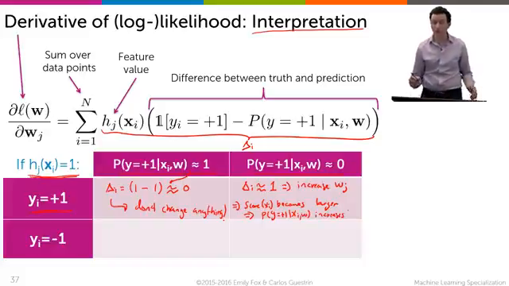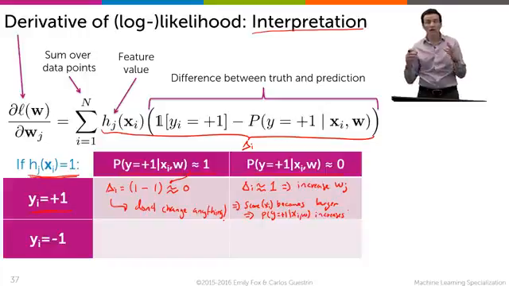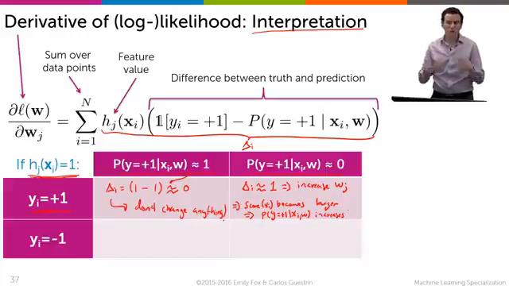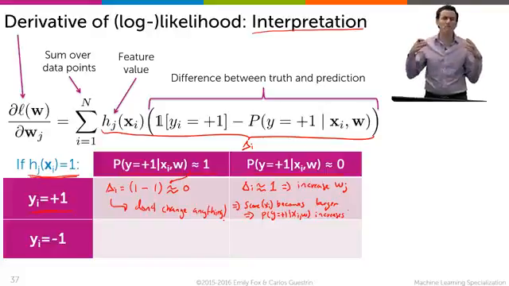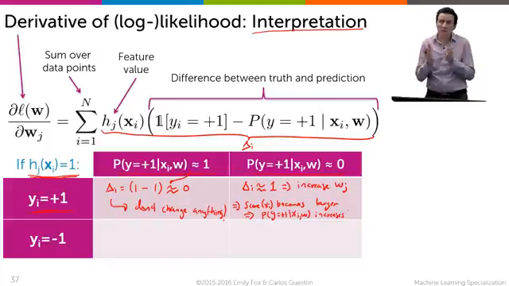But that is extremely intuitive. So if we're getting the data point really wrong, we get this positive delta i, which is going to increase my parameter, which is going to increase my score, which makes, in the next iteration, the probability that this data point is positive higher. So we're going in the right direction.